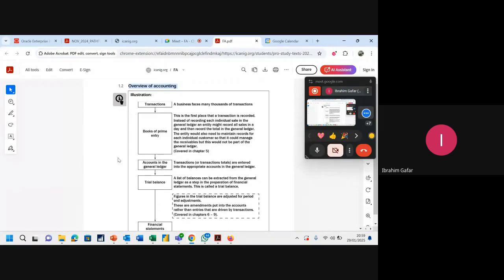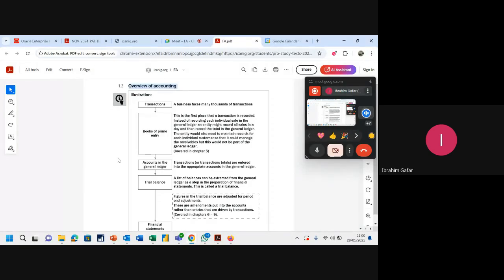You have to be accountable for the business. You have to know what stewardship is, rendering accounts. We have to know the principal, the agency, the shareholders' position, all of that put together is what we call accounting. The definition of accounting, recording, classifying, interpreting, all of that put together defines what accounting is.